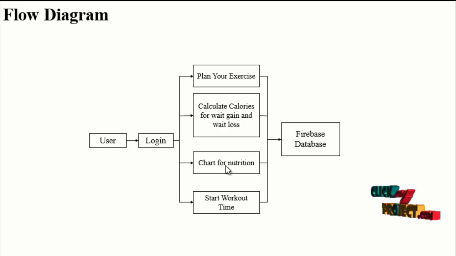There is also a chart for nutrition, showing how much fat and so on. Then you can start the workout timer, which shows how much time you have worked out.